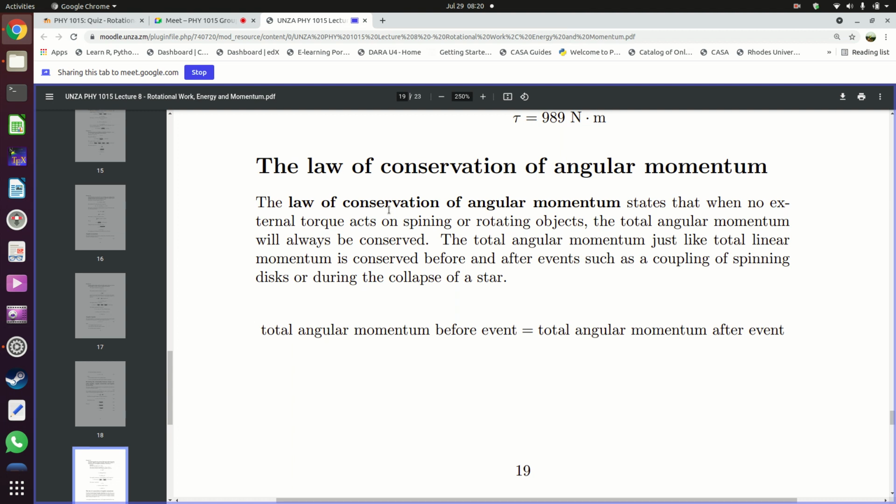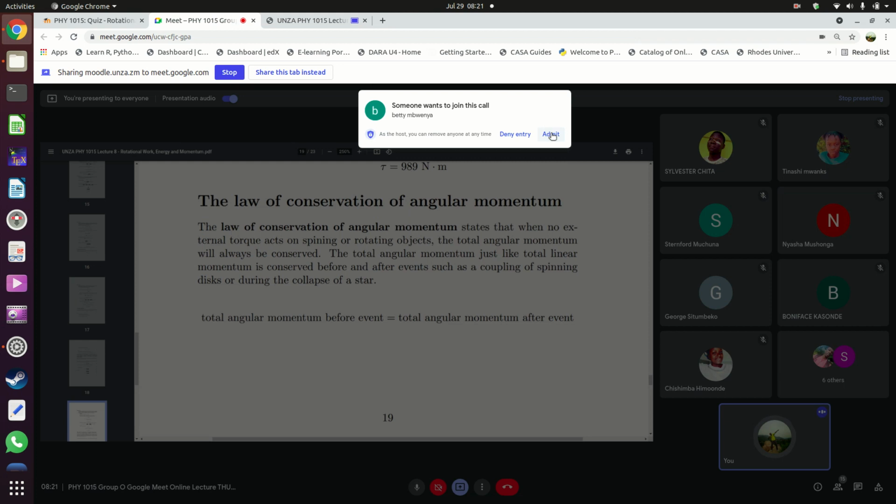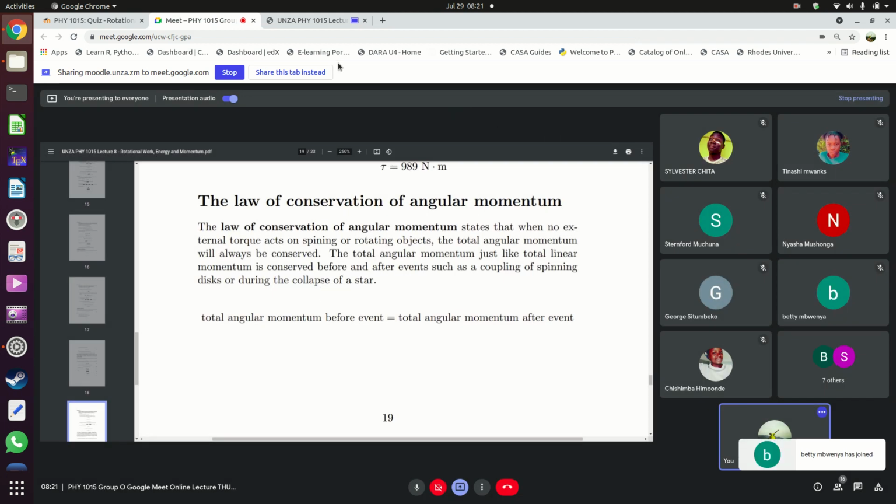These conservation laws or principles work on the same premises. For conservation to happen, it means that the momentum or the angular momentum before something happens must be equal to the angular momentum after a particular thing happens. That's what conservation means. That something should remain the same. Are we clear?